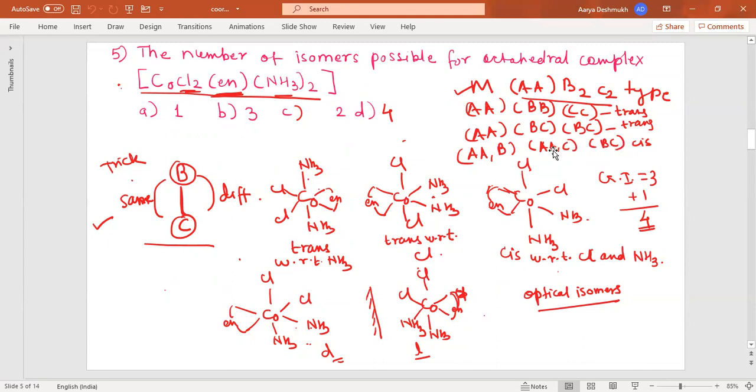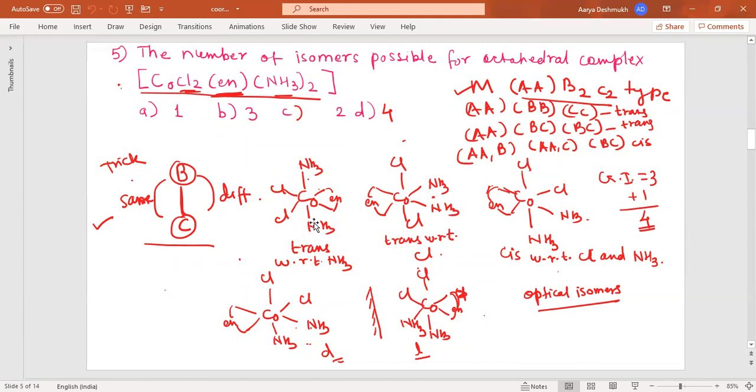Now I tried to draw the structures for each and every combination, so that you will be able to understand in an easier way. So for this one, AA, BB, and CC here. This AA is the bidentate ligand, this BB and CC. This is the first structure, then the second one, and the third one.